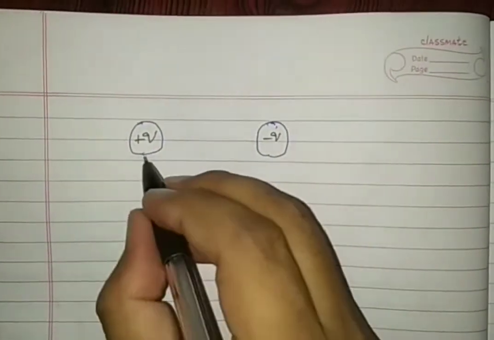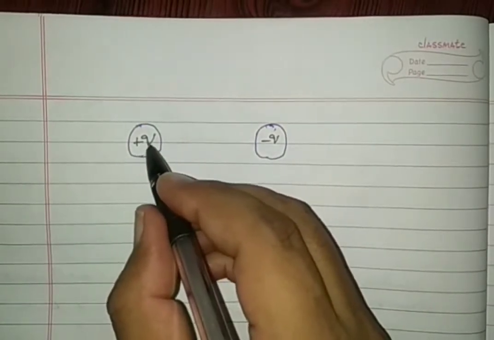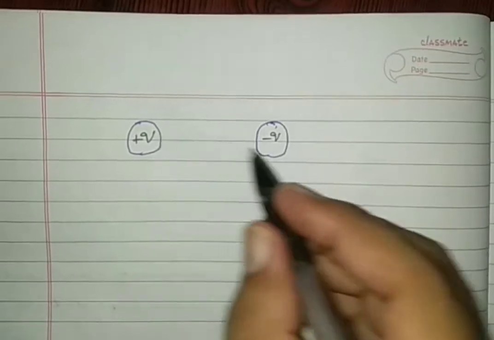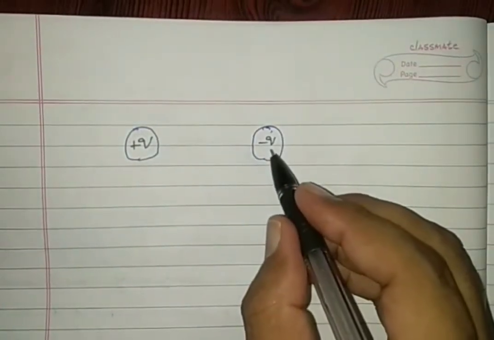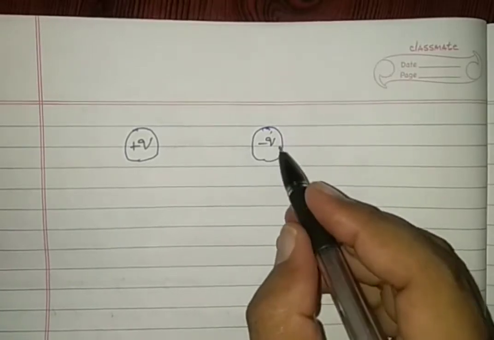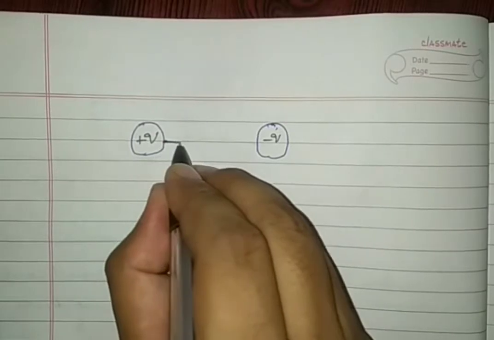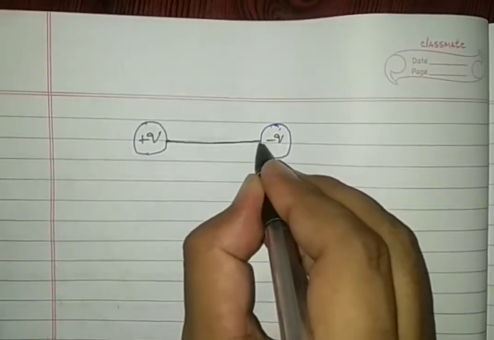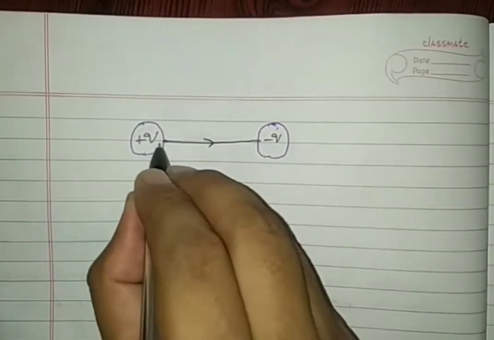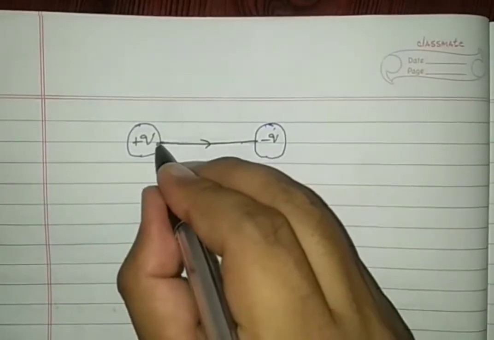See very carefully, a positive charged body has the property to emit the lines of force, whereas a negative charged body has the property to absorb the lines of force. So a line of force emits from the positive charge and seems to enter a negative charge.